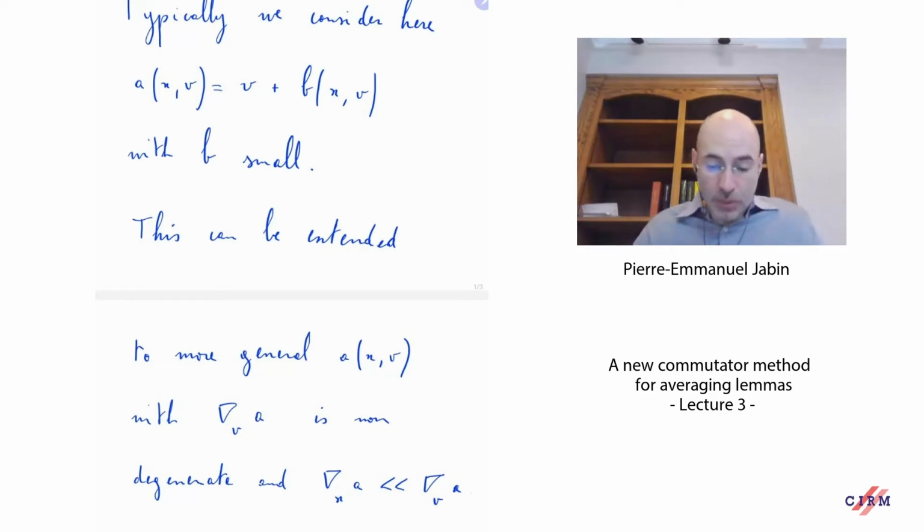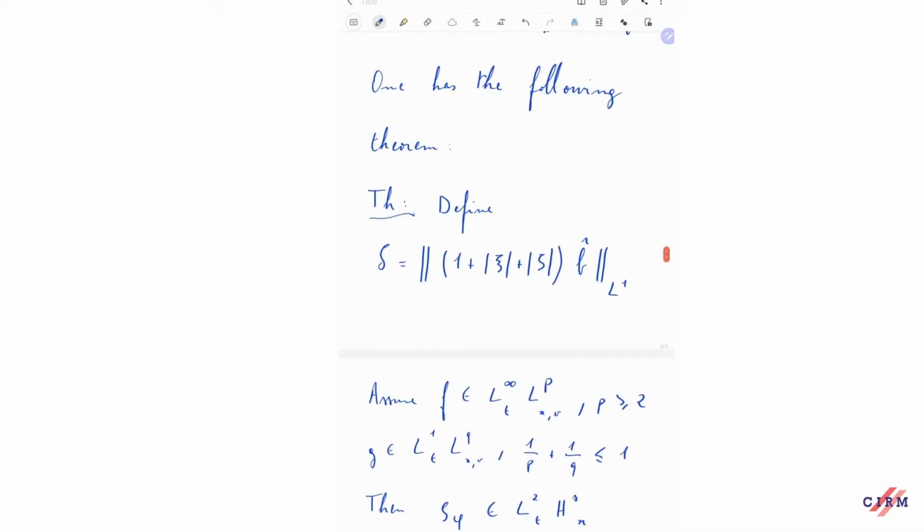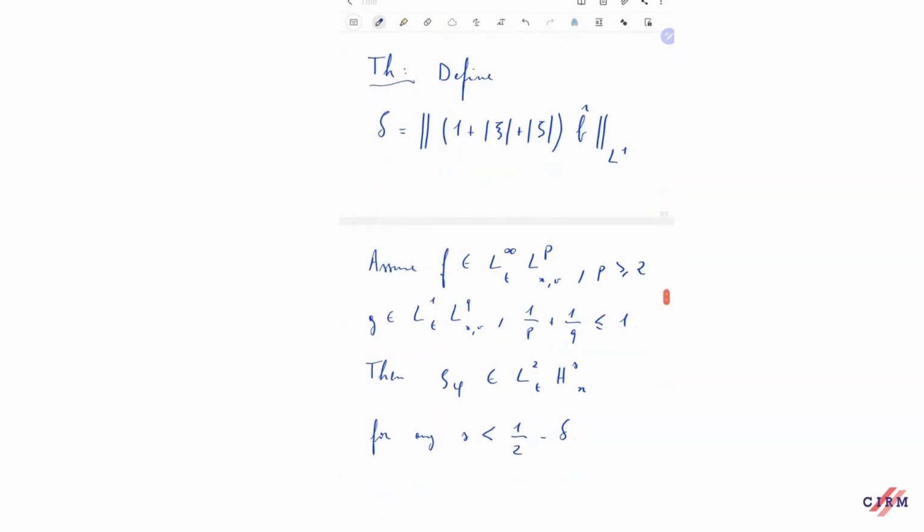So B of X,V could also simply be a B of V here. And if B of V is equal to minus V, then there's nothing. So, of course, you are going to have to assume that B is small in some sense, and the closer B is to V, the more problem you're expecting to have. So this sort of result is not surprising.